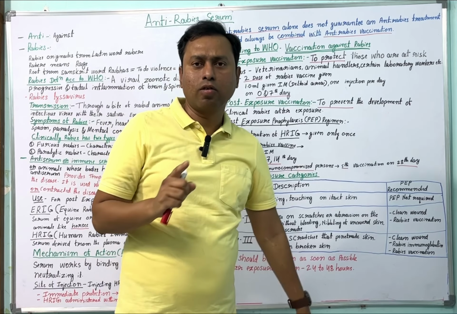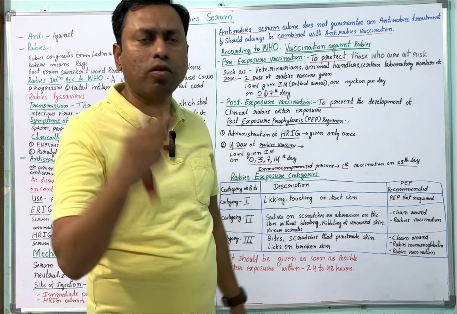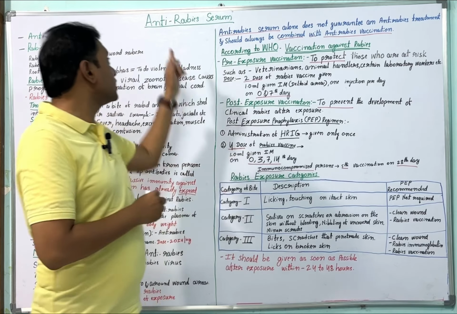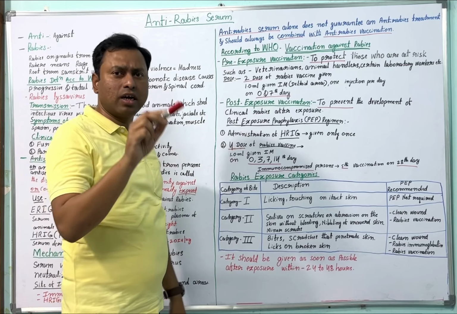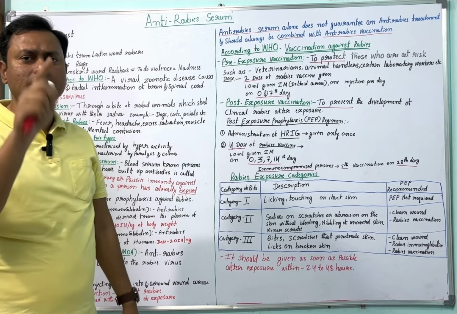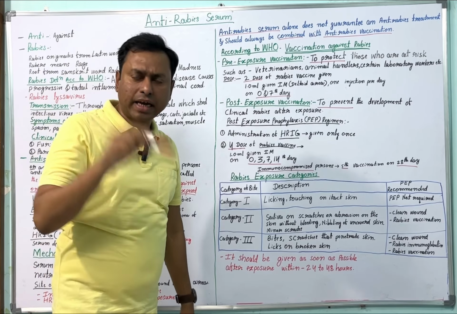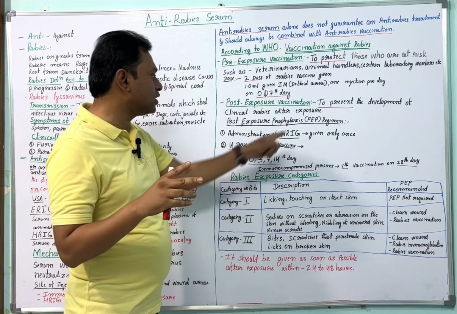Wherever the dog bite is, we inject the HRIG, the anti-rabies serum, in the area around the bite site. The second thing is another 4 injections of the vaccine. This is about the serum.